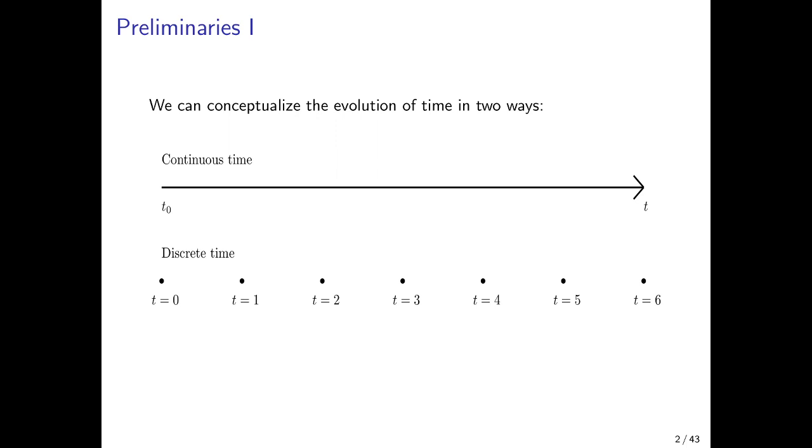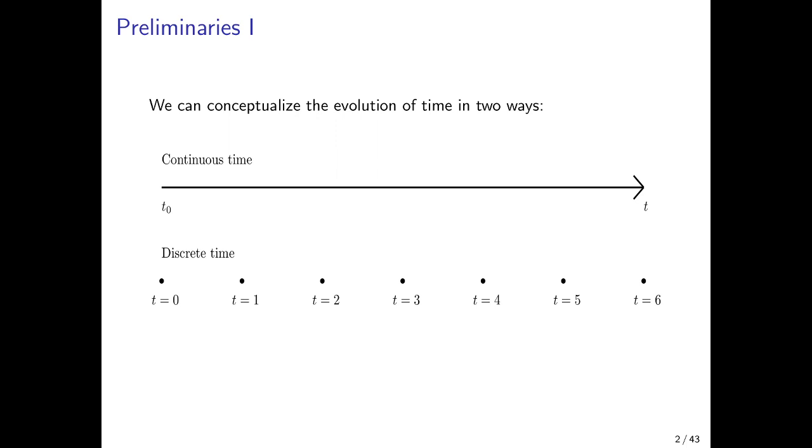For some variables, we have data on a weekly basis, such as unemployment, but we don't have it on an even higher frequency usually. So from this point of view, it might make sense to conceptualize time in a discrete manner.